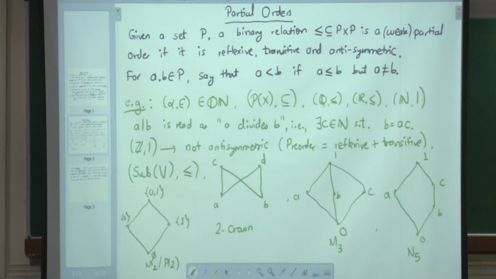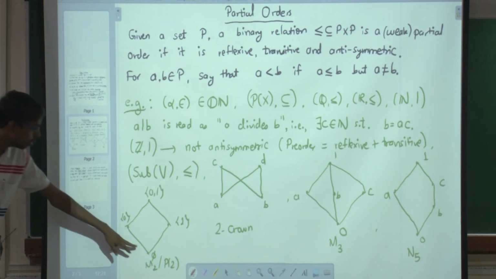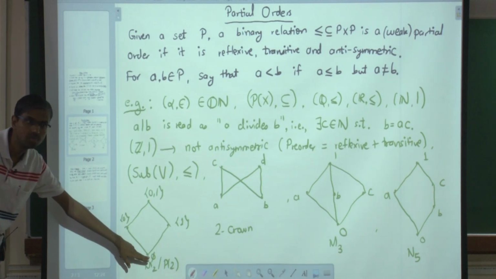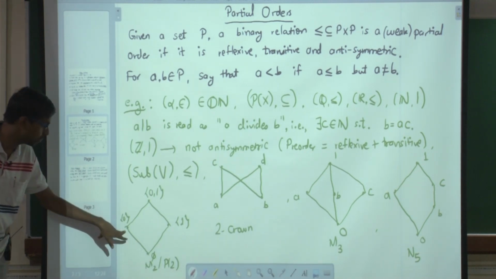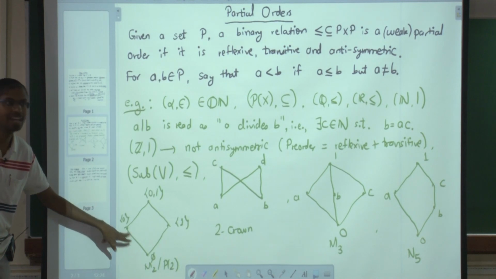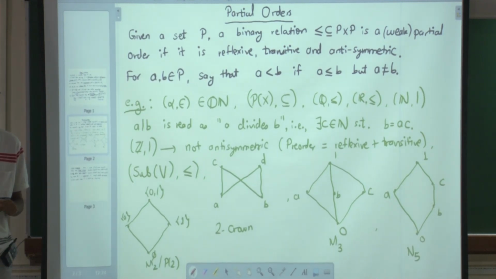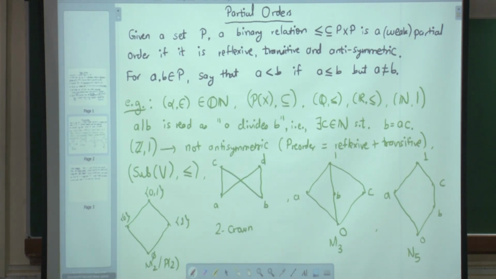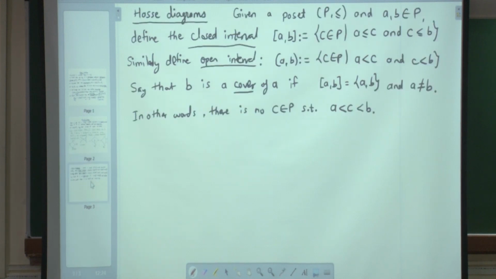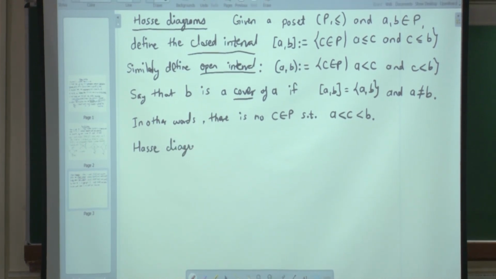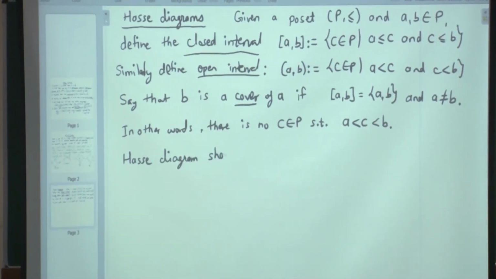Is 0, 1 a cover of the empty set? No, because there is something in between. So whenever I draw this line, that means there is a cover. So basically, a Hasse diagram shows covers.